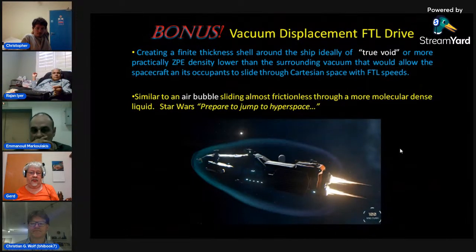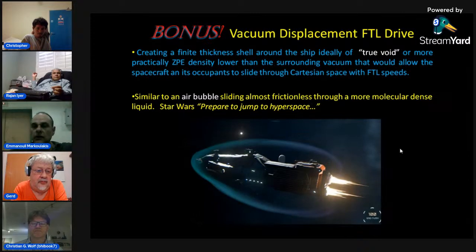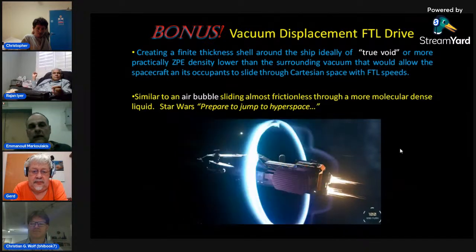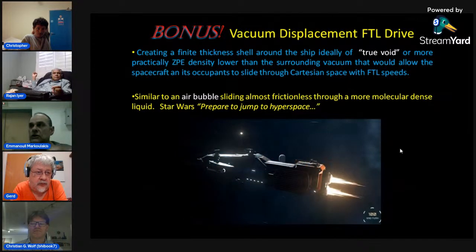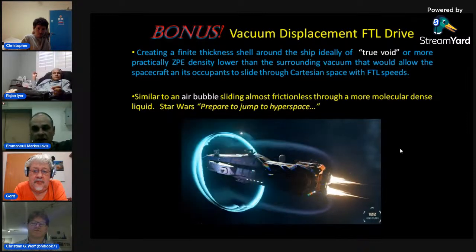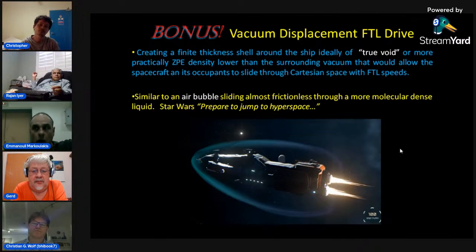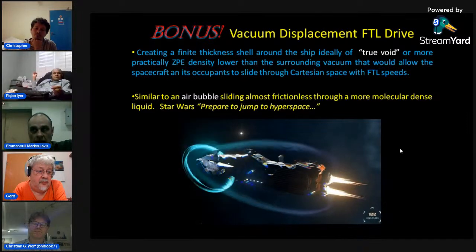So we could create a finite thickness shell around the spacecraft, a true void, but true void is very difficult. So if you want to get rid of the vacuum, you create a shell. I don't know how this can be created. It's a technological problem, but I can imagine an outline of the physics.